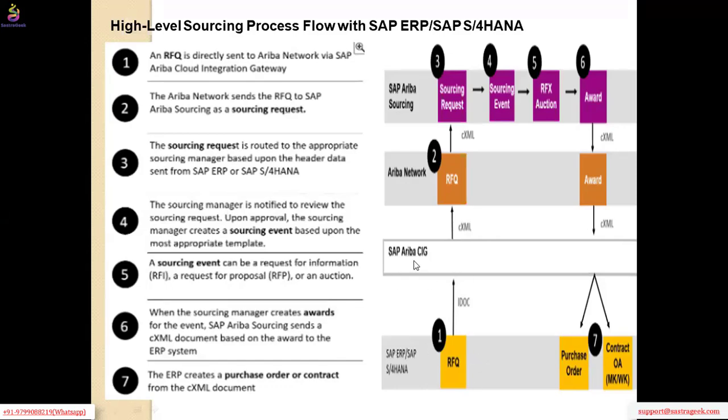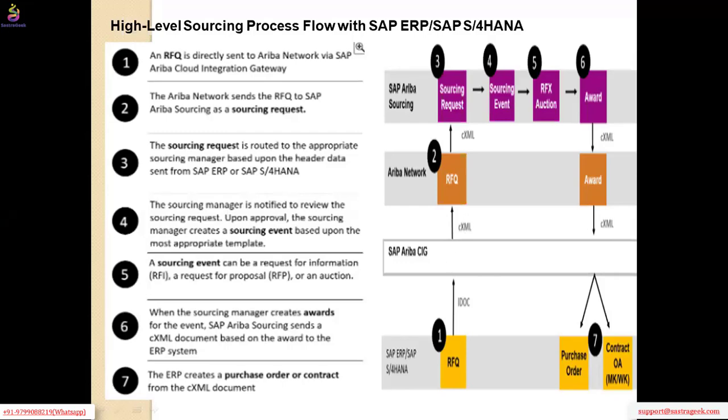In very simple words, in layman's language, what role is CIG playing here? We can see the information is flowing with the help of the IDoc, but when it crosses the CIG block, it is converted into the cXML language. That means before we have the IDoc and after that we have the cXML part.